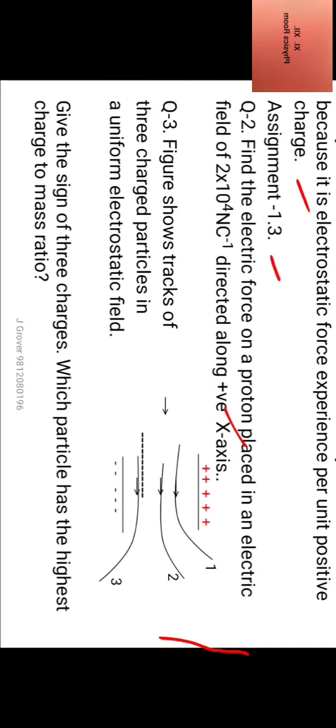Which particle has the highest charge to mass ratio? So you have to solve this problem. You can look into your textbook, where you can find the answers.